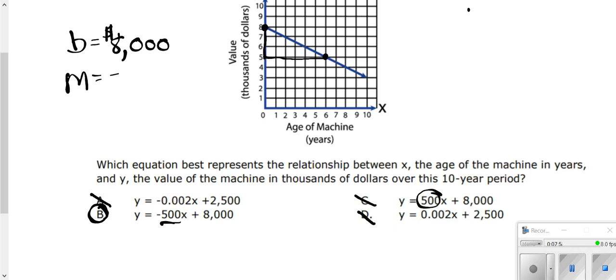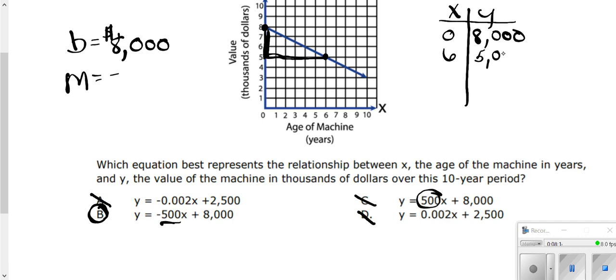So I can see that my original value, my y-intercept, was 8,000. So at 0, it is 8,000. And then if I use my slope triangle to help me connect 2 points, I can see at 6, it's at 5,000.